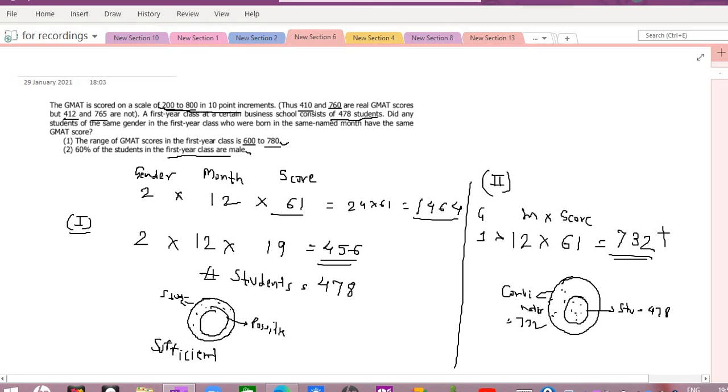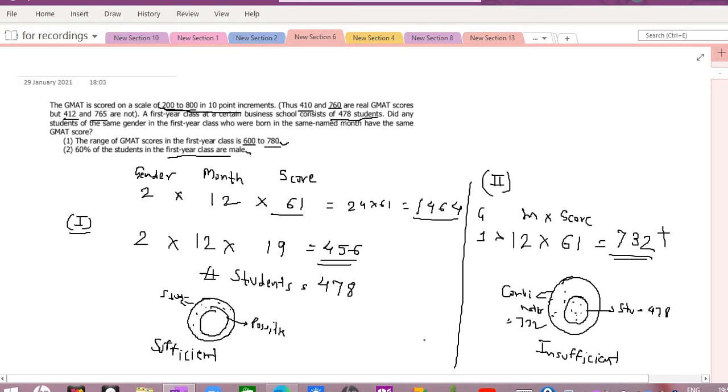It's possible for students to have the same gender, be born in the same month, and have the same score, or it is also possible that none of the students have the same gender, birth month and score, because combinations are more and students are less. So both these things are possible. We cannot arrive at a definite conclusion using this statement. So definitely this statement alone is insufficient.